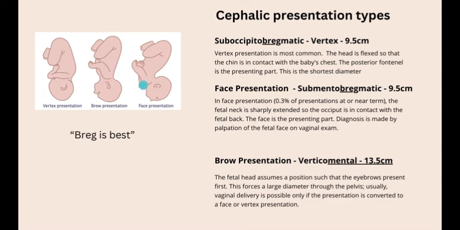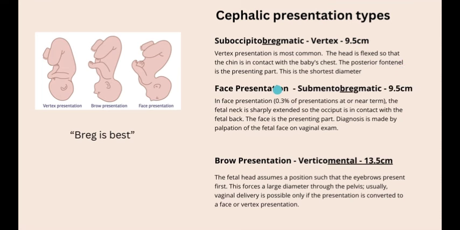And because of that, these brow presentations are usually not deliverable vaginally. So the only two of these cephalic presentations that are deliverable vaginally are the suboccipitobregmatic, or vertex presentation, or the face presentation, which is submentobregmatic. They're both 9.5 centimeters in diameter.